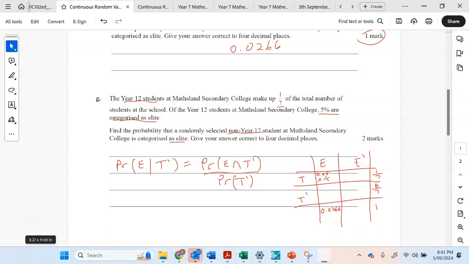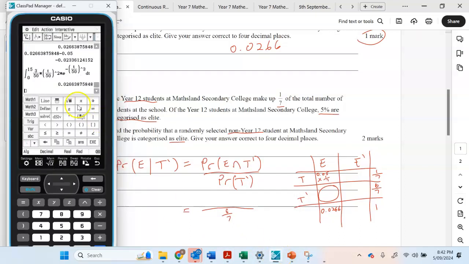All right, so if we look at our conditional probability formula, we do want the probability of E and not T, which is the number that's going to be in here. All right, so we'll work that out on our calculator in a second. And then the probability of not T is 6/7. So not that I really want to keep writing this, but I will. So 6/7, and the probability of E and not T. All right, so basically the whole column of E has to add to the 0.0266.